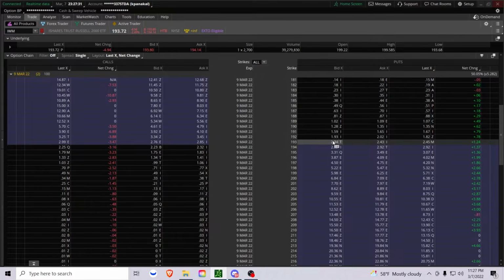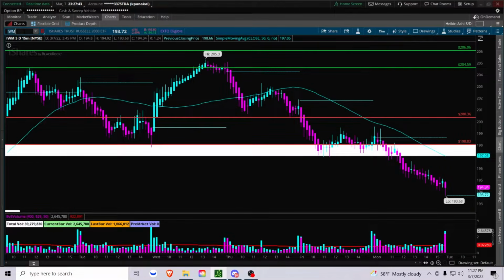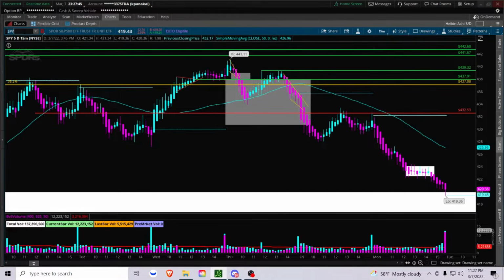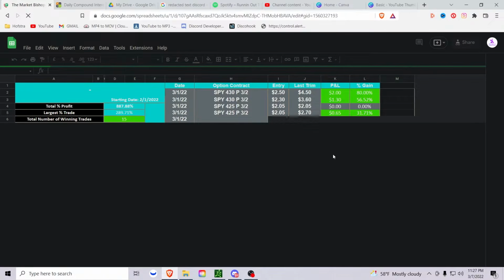Because look at this, close to in the money options are less than $250 or $300 more than 90% of the time. So it's not that bad to trade options off of. I personally always trade SPY first, then sometimes IWM, and then other times QQQ.